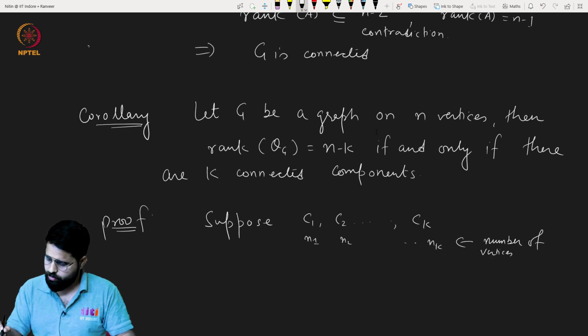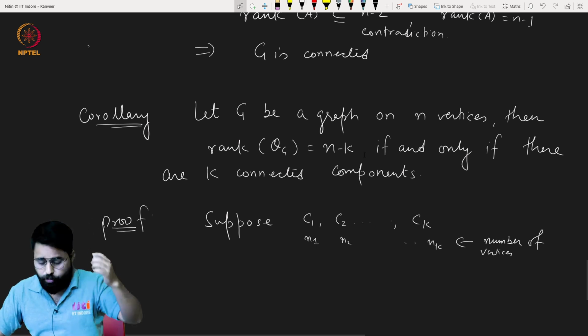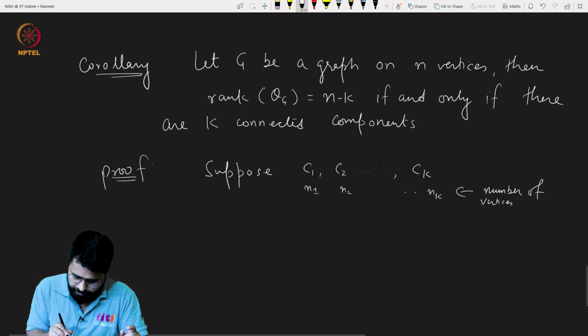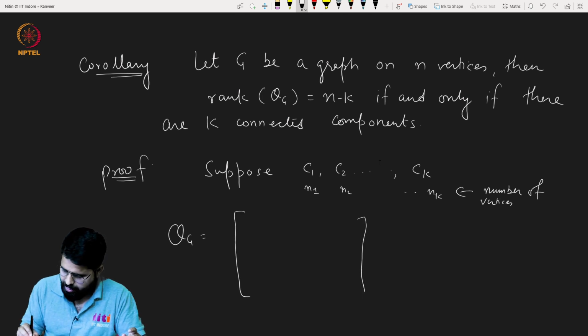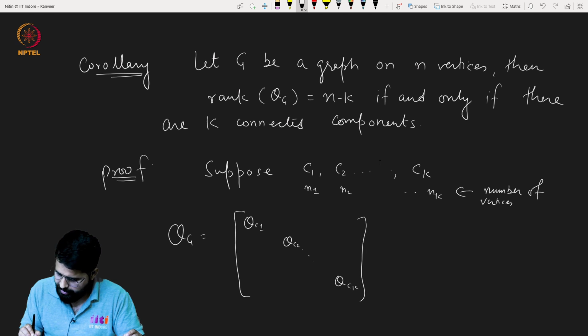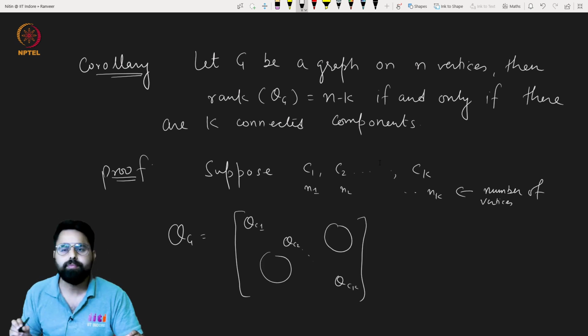Now what will the incidence matrix look like? QG will look like this. It is actually very easy to see. This will be QC1, QC2 up to QCk, and everywhere else this is 0.